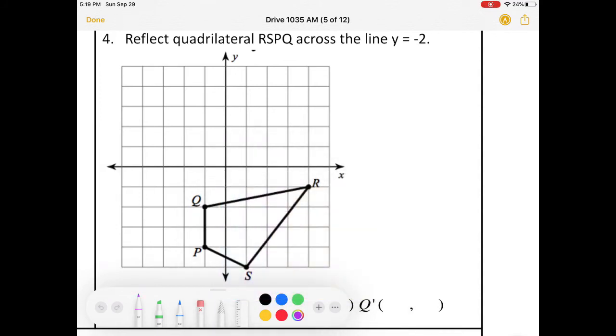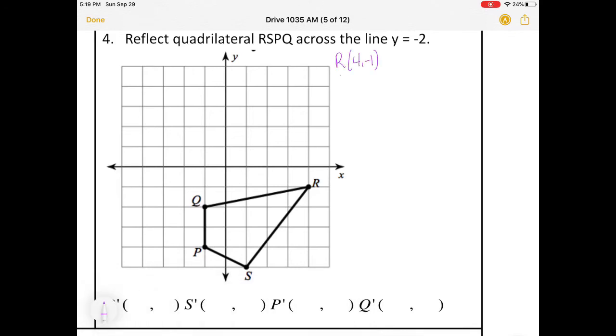All right, again, reflecting RSPQ across the line y equals negative 2. So we have our original coordinates, R 4, negative 1, S 1, negative 5, P negative 1, negative 4, and Q negative 1, negative 2.